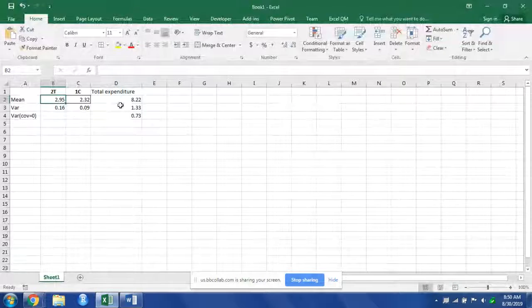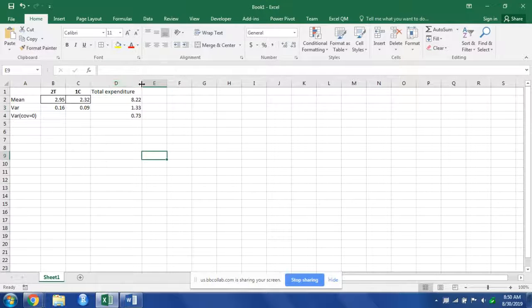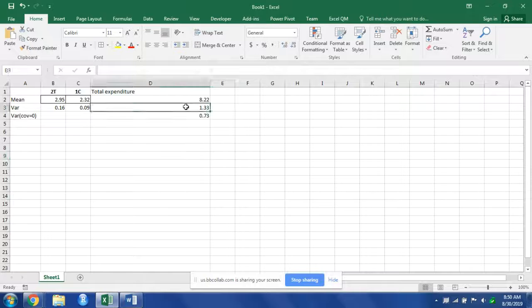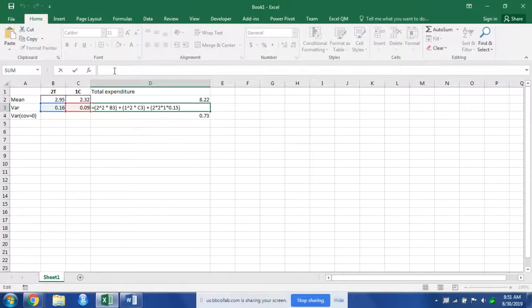The variance is found with that formula that we used before. Don't know why this is not working right. Okay. There we go. I got it to pop up. So you just place the variance in the columns that are associated with tea and coffee.